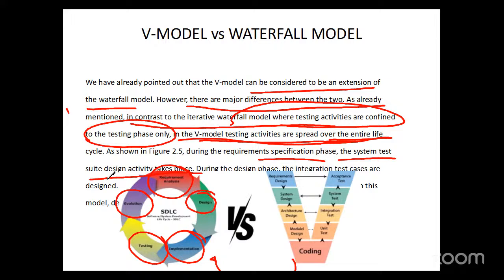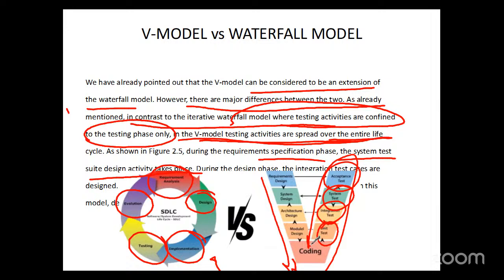The other set of activities happen with unit testing: once code is tested by oneself, it goes for integration testing, then system testing, and finally acceptance testing. So in the V model we go in both directions, from requirements gathering till the testing phase and back.